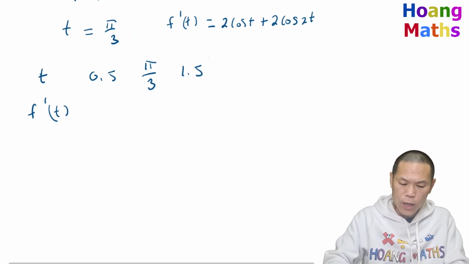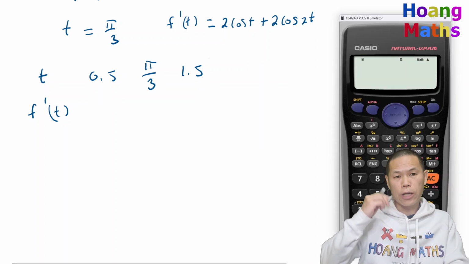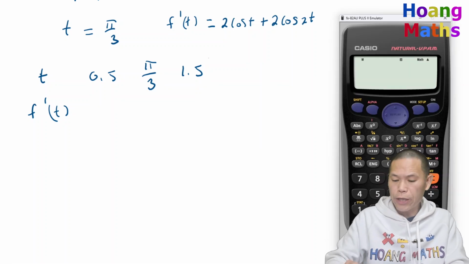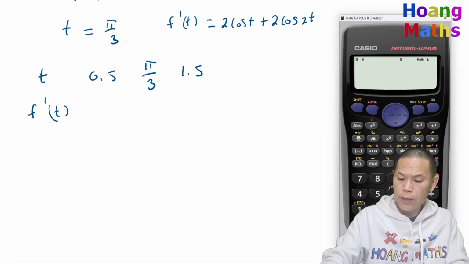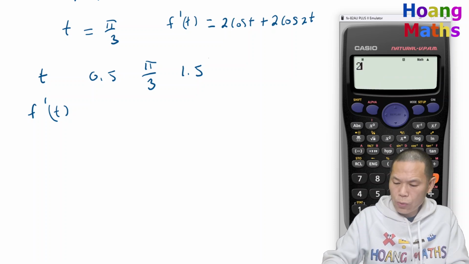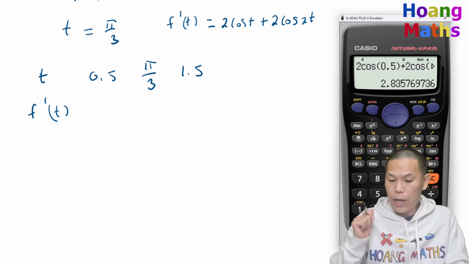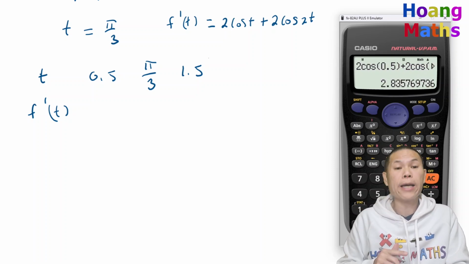So now what I do, I just put it on the calculator. Let me first convert the calculator into radian mode. Shift, setup, 4. So 2 cos 0.5, close bracket, plus 2 cos of 2 times 0.5, which is 1. There you go, 2.8 will do.